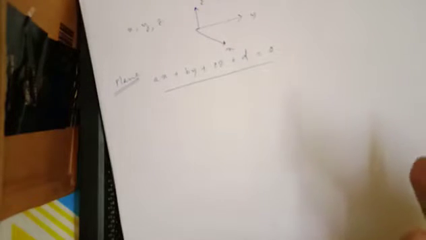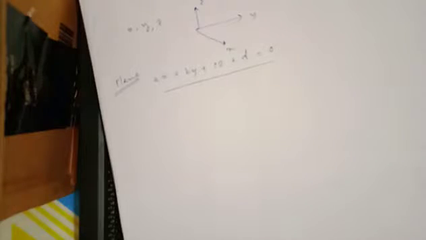Now the sphere is the surface which is the locus of a point moving at a constant distance from a fixed point. This fixed point is called the center of the sphere, and the constant distance is called the radius. Just like the circle in two dimension, this becomes sphere in three dimension.